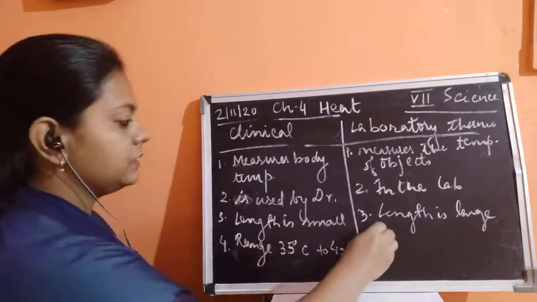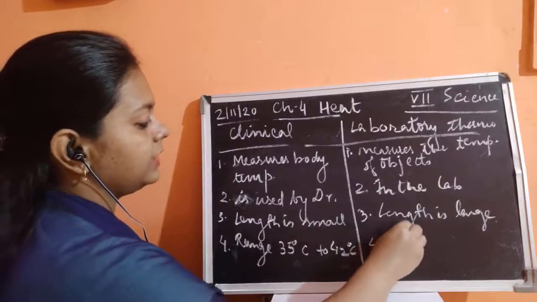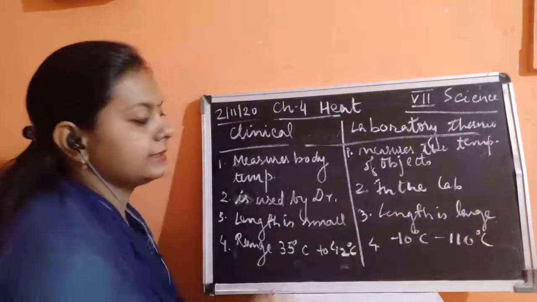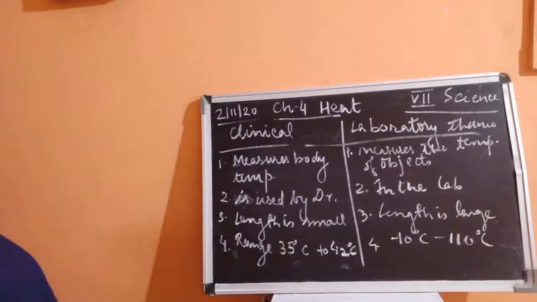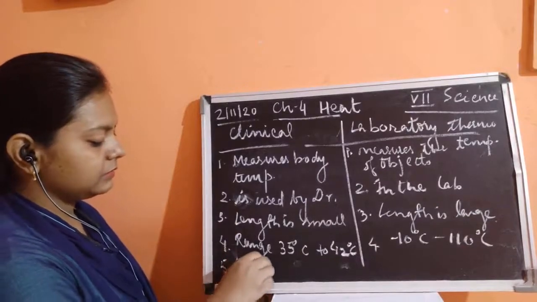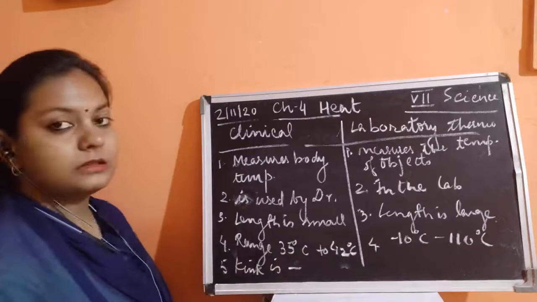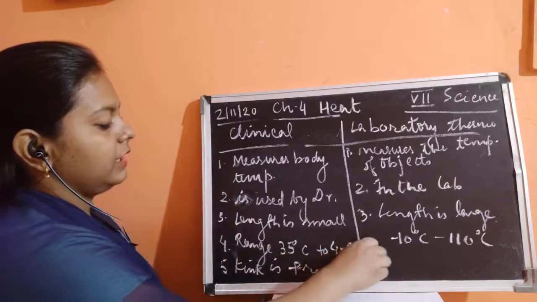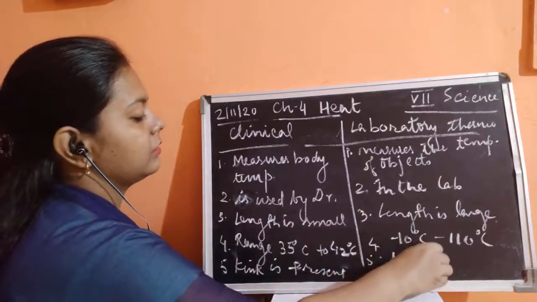Similarly, the laboratory thermometer ranges from -10 degrees Celsius to 110 degrees Celsius. Children, these are the various differences, and the last difference is that a kink is present in the clinical thermometer, and here in the laboratory thermometer the kink is absent.